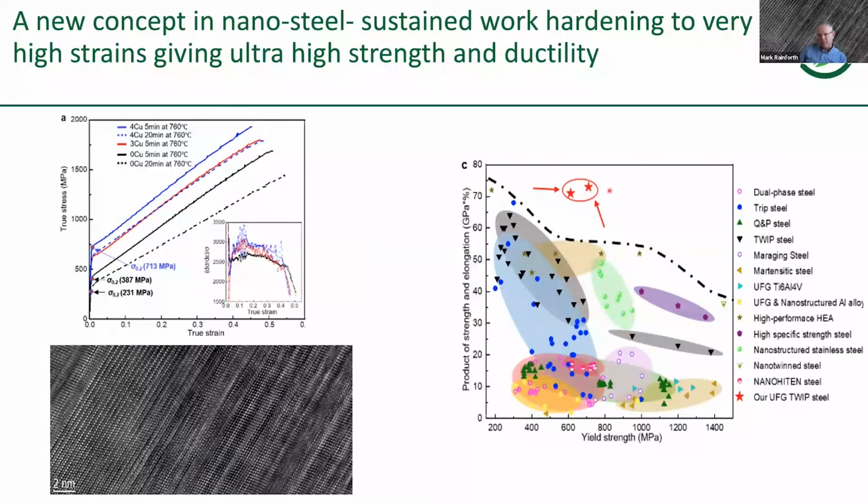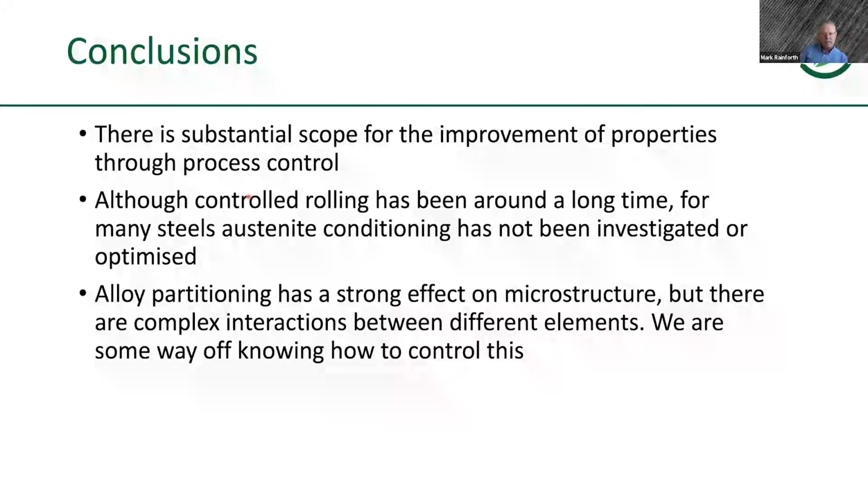And if we then plot the yield strength on there and the product of the strength and elongation on the vertical axis, and there's all the different steels that people produced, they come outside the sort of classic banana diagram. Now, interestingly, the copper precipitates are not really strengthening the steel, but they are just stabilizing that extraordinarily fine grain size that we achieved.